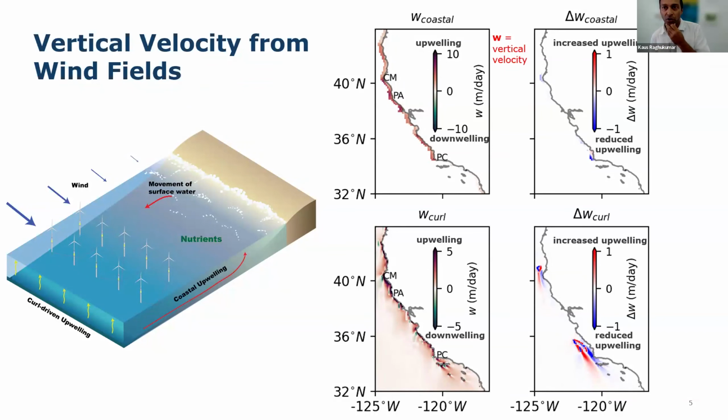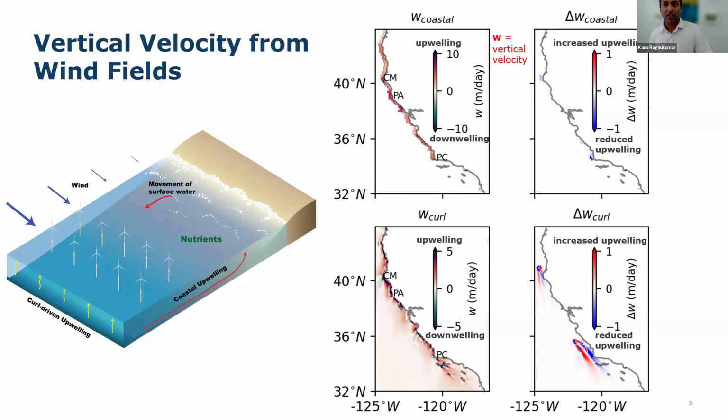The right-hand column shows the differences once turbines are introduced. In terms of baseline vertical velocities, both coastal and curl-driven upwelling are primarily in this coastal zone, and we see all the usual suspects stand out as upwelling hotspots. Examples are Point Conception, a major biogeographic boundary between Central and Southern California, Point Arena further up north, and then Cape Mendocino.